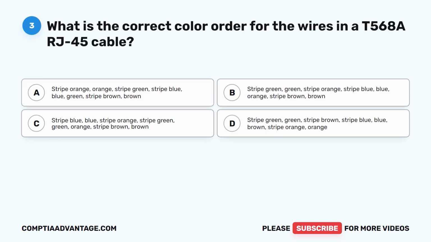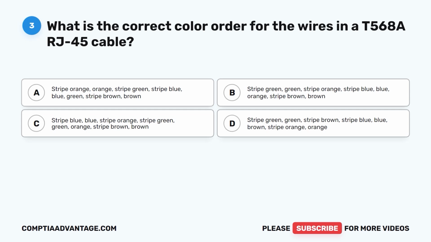Question 3. What is the correct color order for the wires in a T568A RJ-45 cable? A. Stripe orange, orange, stripe green, stripe blue, blue, green, stripe brown, brown. B. Stripe green, green, stripe orange, stripe blue, blue, orange, stripe brown, brown.